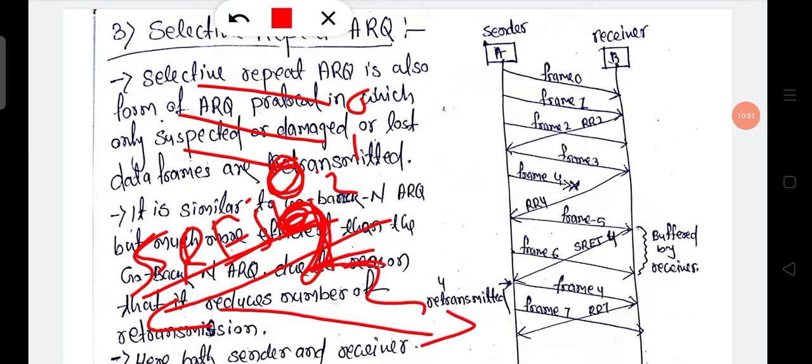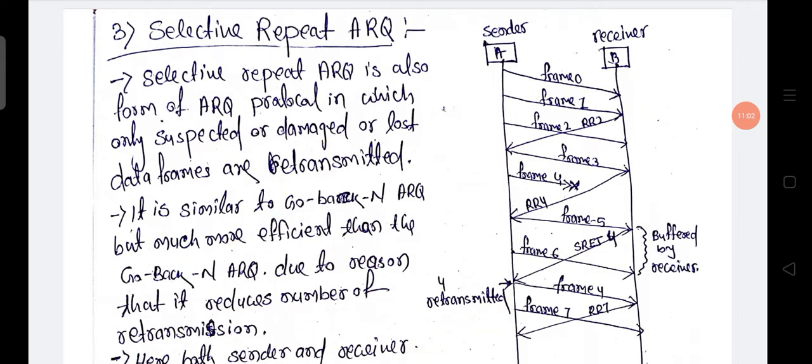Then frame 3, frame 4, frame 5 are transmitted as usual. This is the difference between Go-Back-N ARQ and selective repeat ARQ. As the name suggests, in selective repeat ARQ only the selected frame is repeated, not all the frames. In Go-Back-N ARQ, all the frames from the error frame onward are repeated.